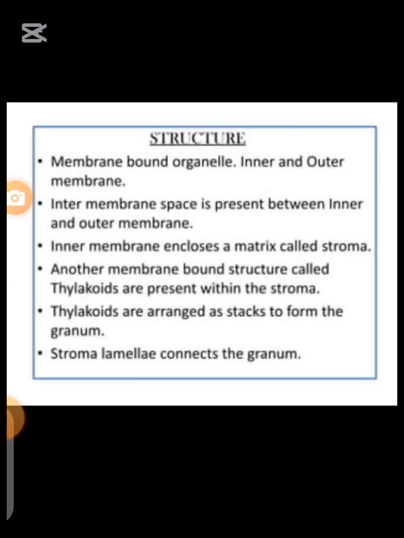If we talk about the structure of chloroplast, the chloroplast consists of the outer membrane. The outer membrane is basically made up of phospholipid bilayer which is permeable to certain substances. They also contain protein which forms passage for molecules. The second one is intermembrane space.